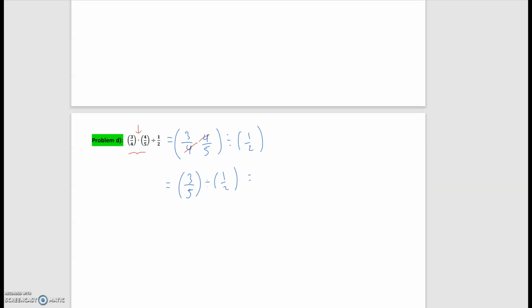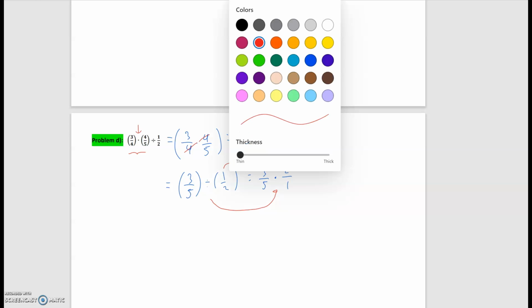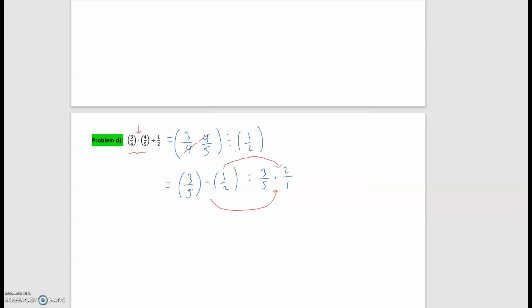So at this point, we can just rewrite it as 3/5 times 2/1. Remember that the last step requires a division, which changes the symbol to a multiplication, and then we multiply by the reciprocal. At this point, no values cancel out, so we end up with 6/5.